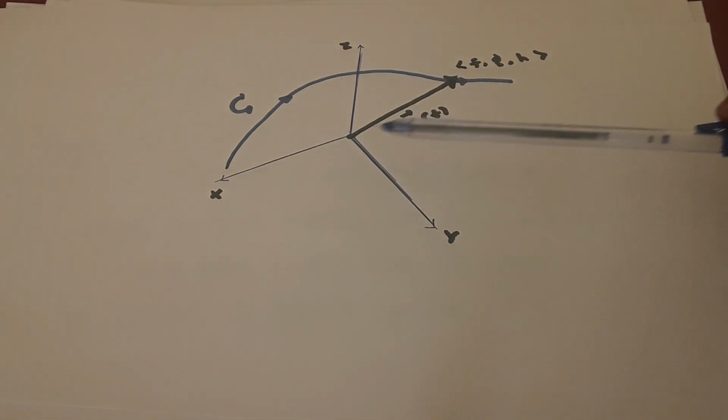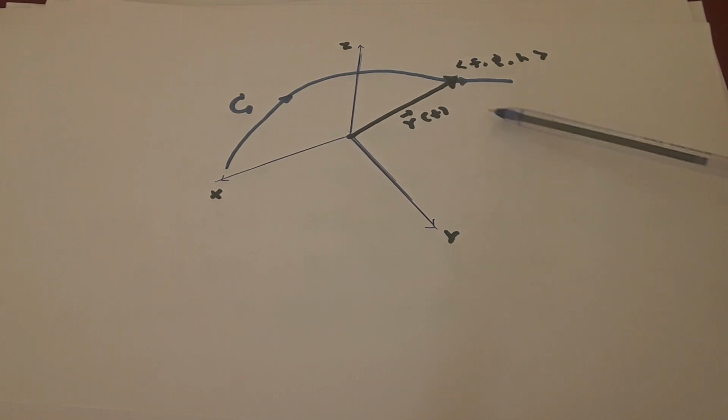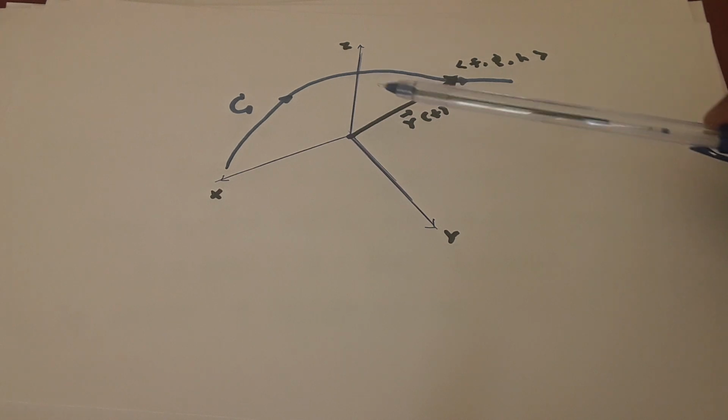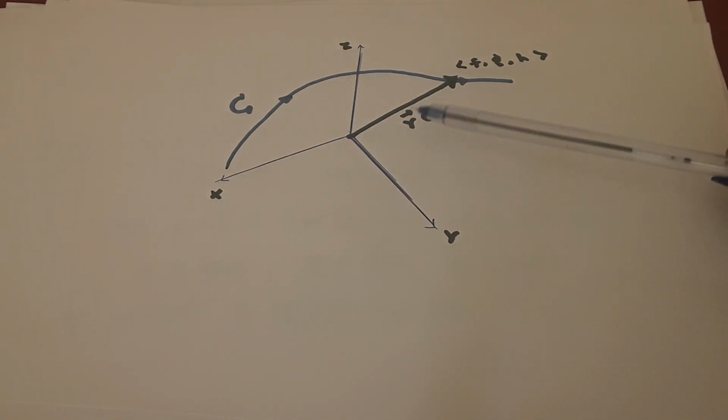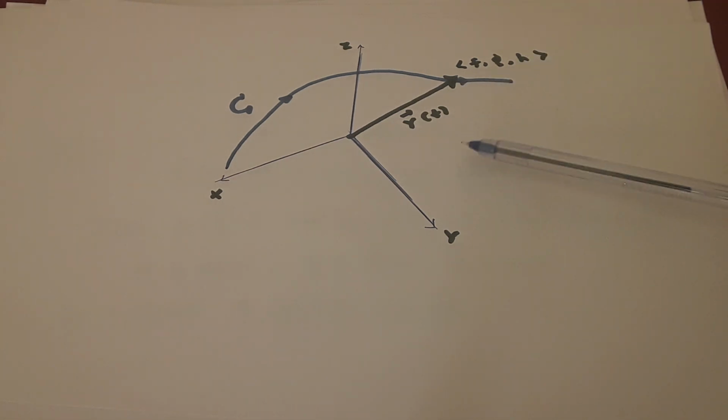Clearly, curves are traced out by the terminal points of the vectors formed by the values of f, g, and h. So the curve C is traced by a moving particle whose position at time t is (f, g, h).